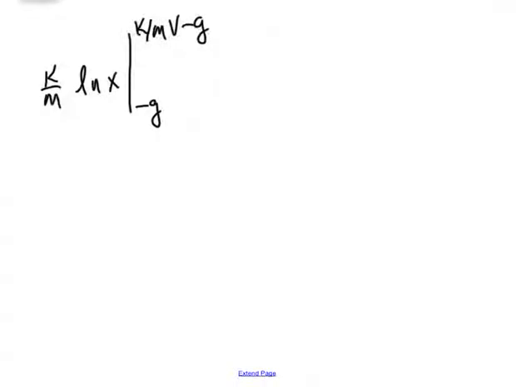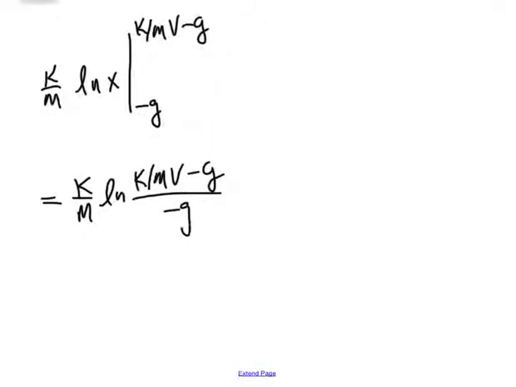And that just equals the natural logarithm of this ratio, k over m v minus g over minus g. Now, the minus g is kind of annoying because it makes it look like we're actually taking a logarithm of a negative number. So I'm just going to take and put the minus sign and distribute that out.